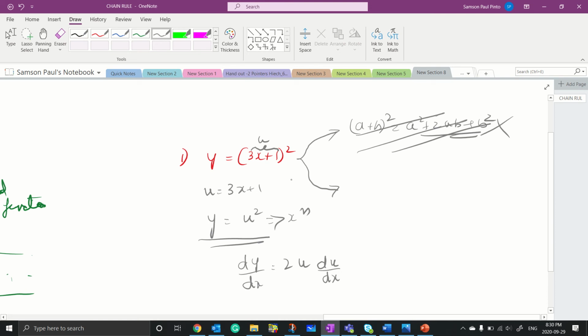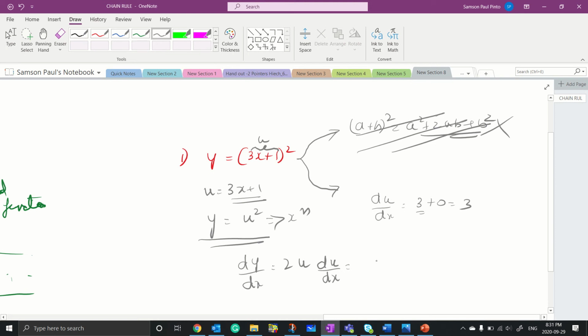Now there is no function inside u, so you can just differentiate this and find the differentiation du by dx, which is nothing but 3, right? Differentiation of 3x is just 3, differentiation of 1 is 0, that gives you 3.